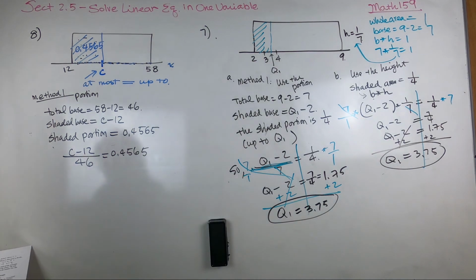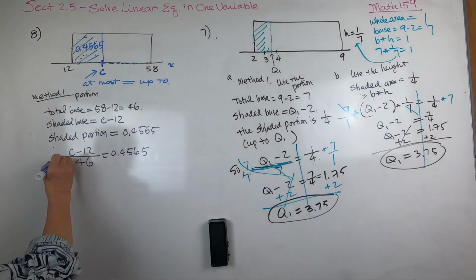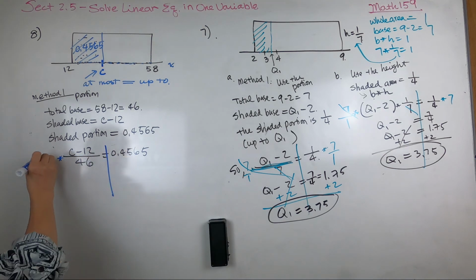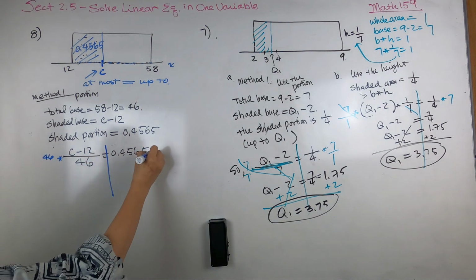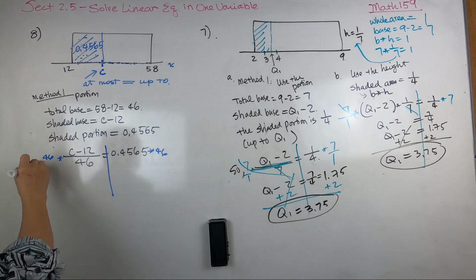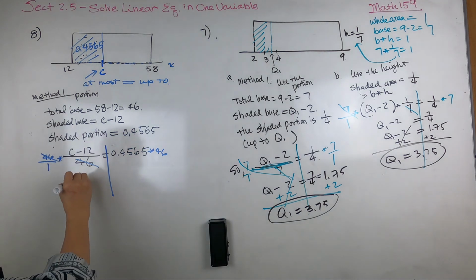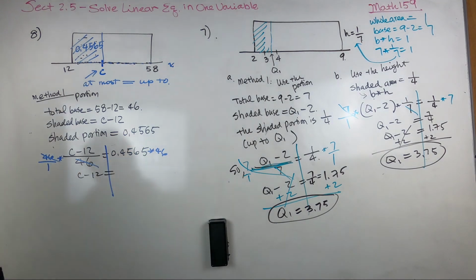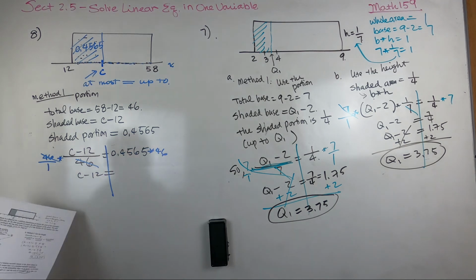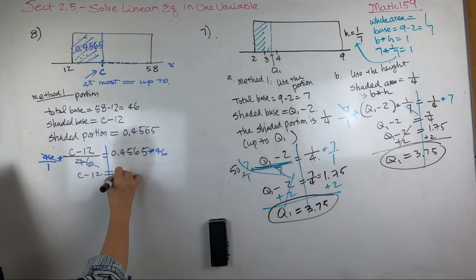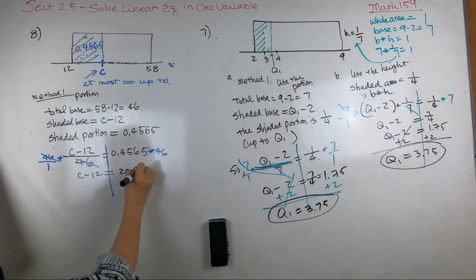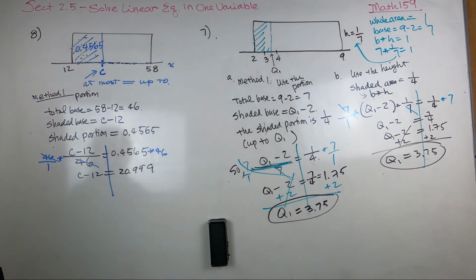Then, do we have a linear equation? Yes. How do we solve it? You multiply by 46 on both sides, right? Those cancel out. Then we have c minus 12 equals, you multiply them out, you should get 20.999.